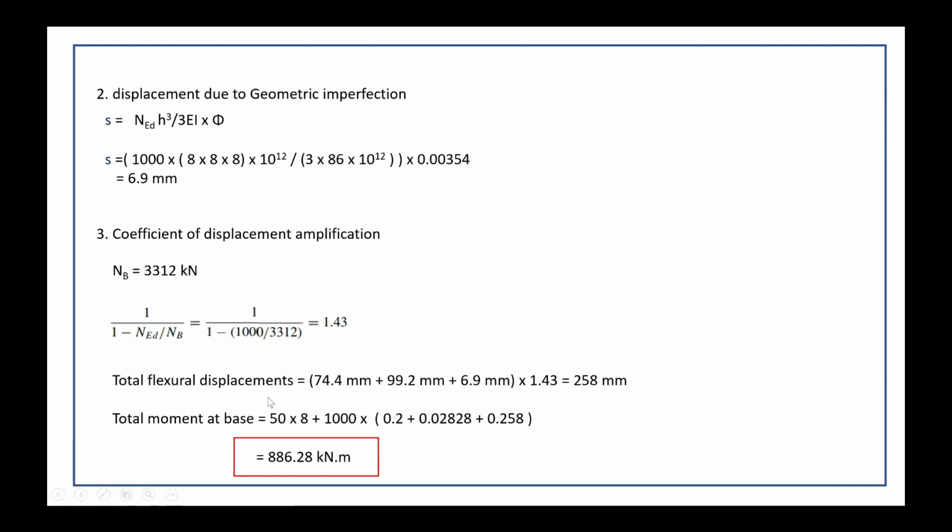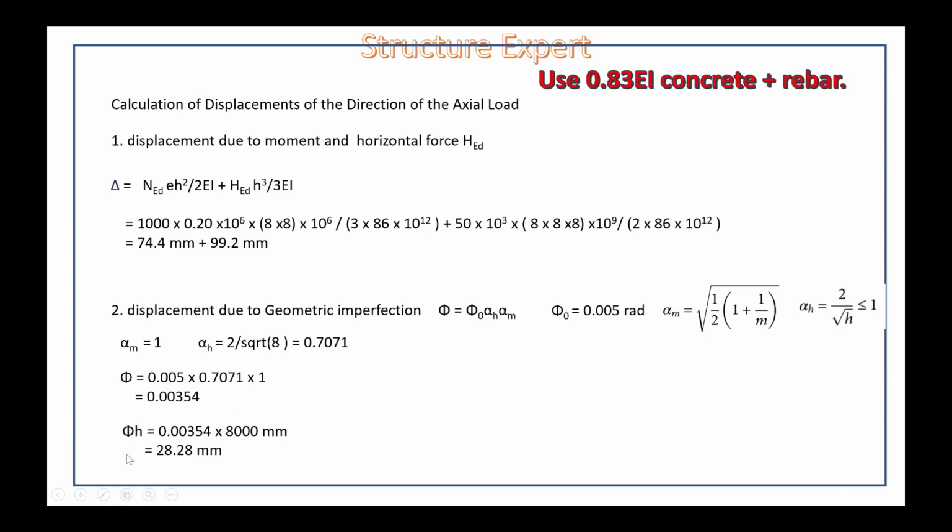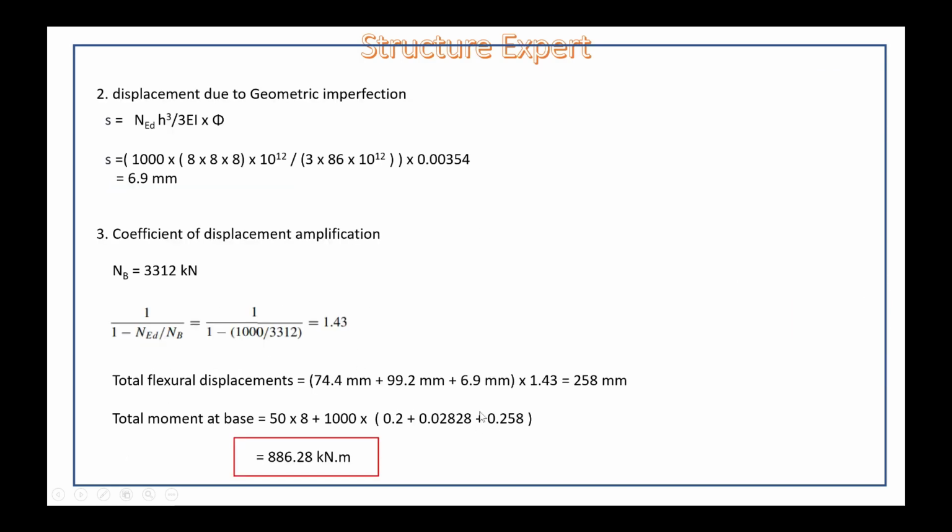It is equal to 50 multiplied by 8, the horizontal force multiplied by the column height, plus 1000 kilonewton, the vertical load, and 0.2 the eccentricity e, minus 0.02822, the displacement due to the geometric imperfection, and 0.258 is the total flexural displacement multiplied by the amplification.